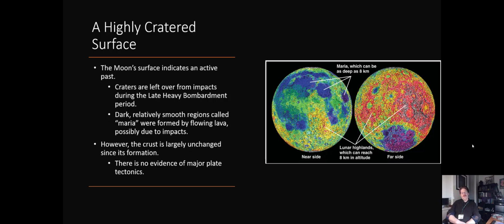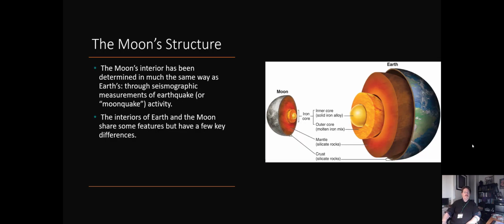And I'll go into what I mean by timescales of geologic activity, what geologic activity is, and how we determine when we refer to a moon or a world as either geologically active or geologically dead.